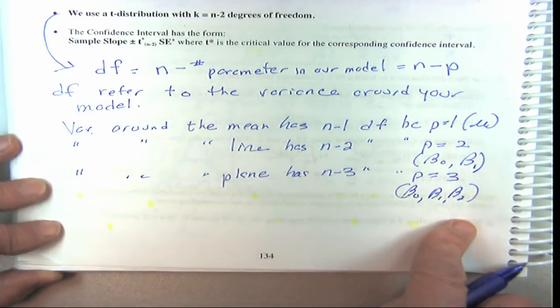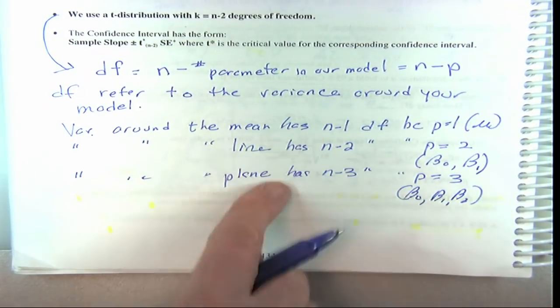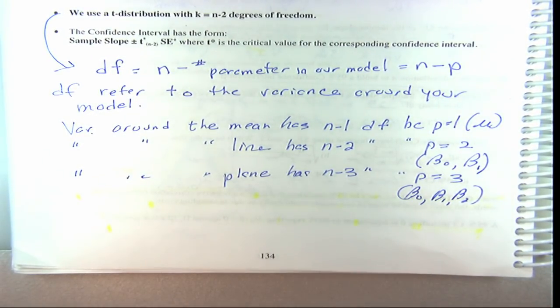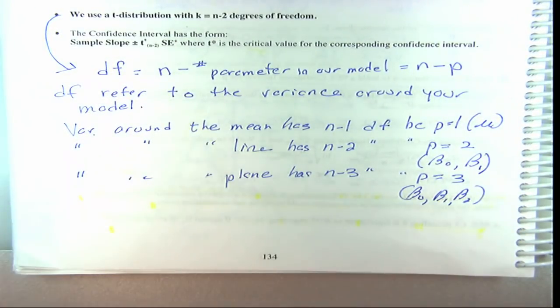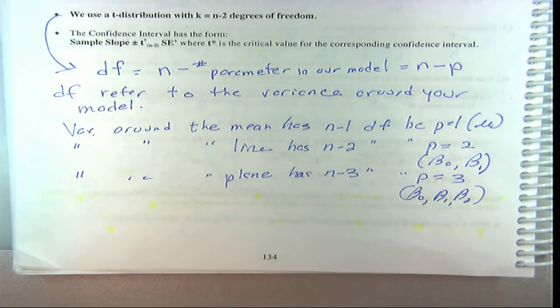We're going to add another variable, etc. And this can be applied to ANOVA too, to our groups. We had 3 group means we were estimating, so one of our sets of degrees of freedom was n minus g, n minus the number of groups. So this is a basic way you think of it. How many parameter estimates you're making in your model, and it's n minus that amount. Thank you for asking. Okay, take care.